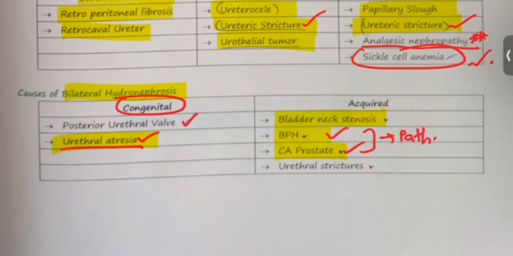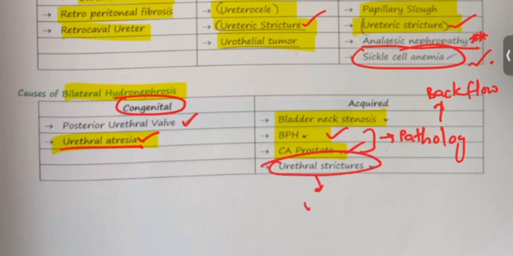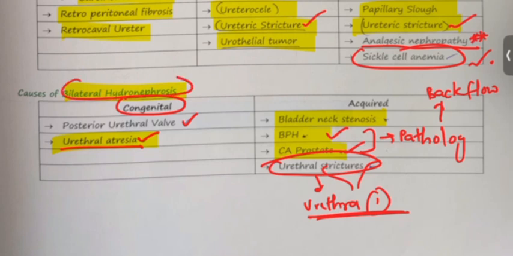Obstruction will lead to backflow will lead to hydronephrosis. Similarly, urethral stricture. So urethra, not ureter, because there are 2 ureters but only one urethra. So urethra is a common passage. If this gets obstructed, everything will backflow symmetrically, and that will lead to bilateral hydronephrosis.